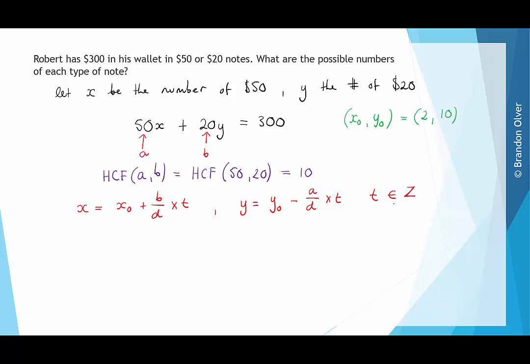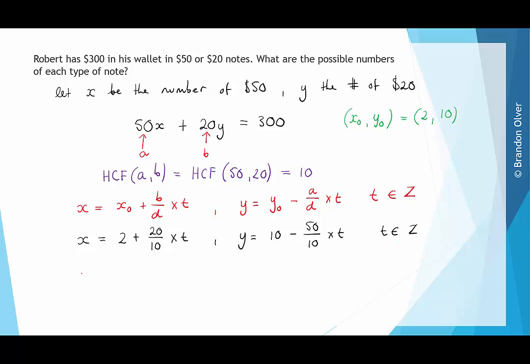Substituting in the values of x0, a, b and d, we can find that the general solution to this equation is x equals 2 plus b on d, which is 20 on 10 times t, y equals 10 minus a, which is 50, on d, which is 10 times t, and t is an element of the integer set.